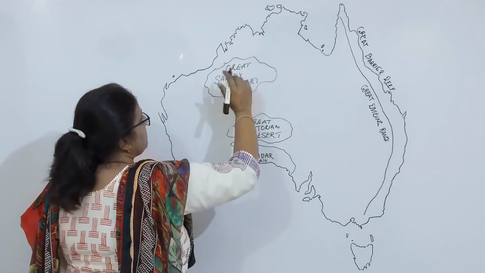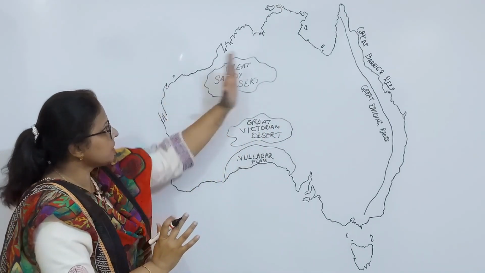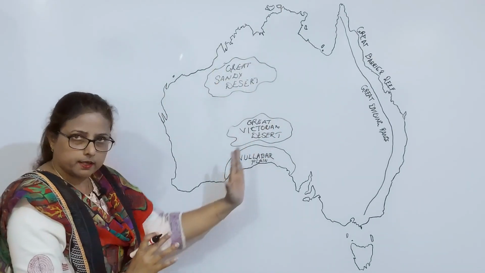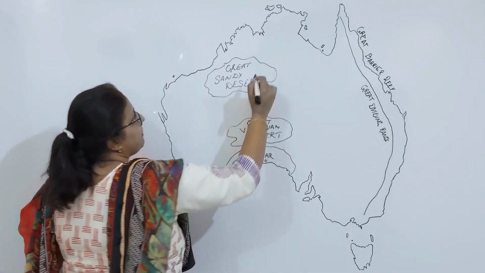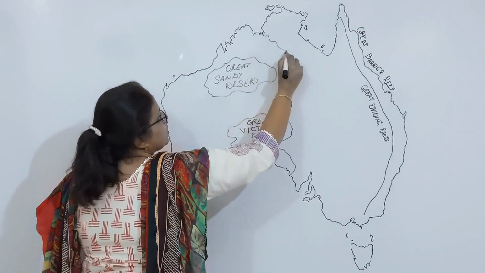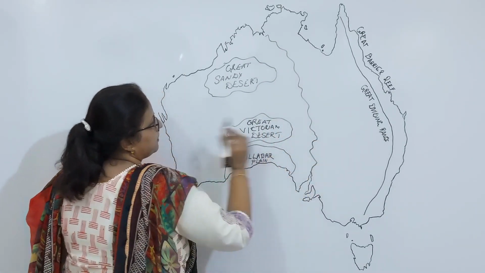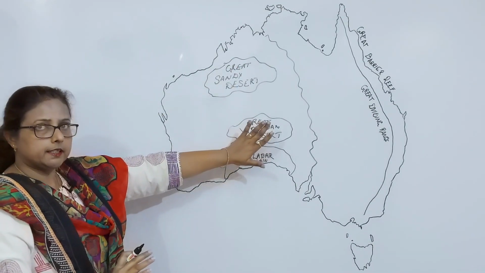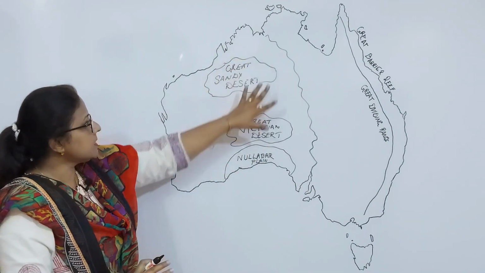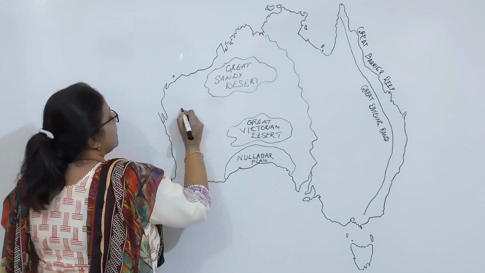This Western Plateau comprises a large area of the western part of Australia, and it is a plateau which needs to be colored light brown. The deserts have to be colored light yellow, and this area needs to be colored light brown.